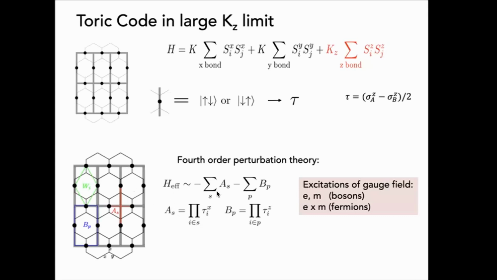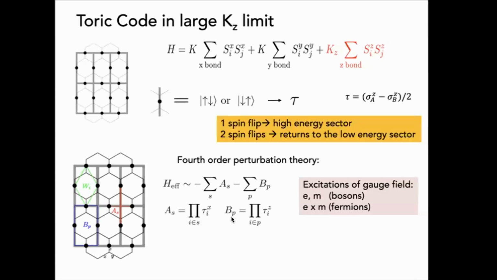And on that, the tau x operators give me the star, and the tau z operators around a plaquette give me the B's or the fluxes. Okay, now one spin flip will take me into a high energy sector. And when I do two spin flips, I return to the low energy sector. And we'll now look at the dynamics in the low energy sector.